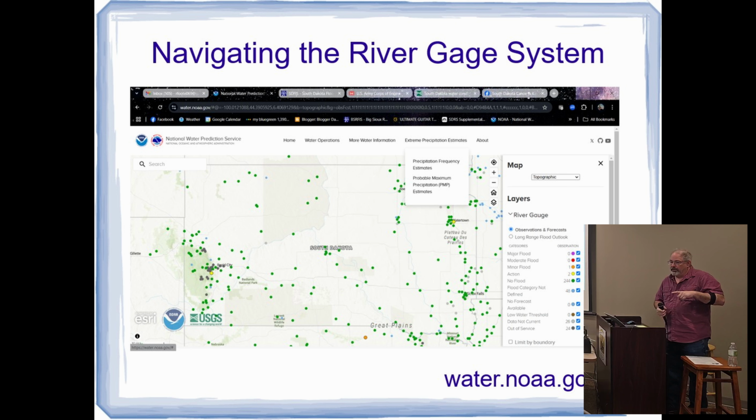So when someone says that the gauge is at 2.3, it's 2.3 feet from the bottom of where that gauge is set. It may have a datum that ties into a real elevation that correlates to the rest of the world, but most of the time when you hear of a gauge reading, it's just an arbitrary number upon that stick at that location.